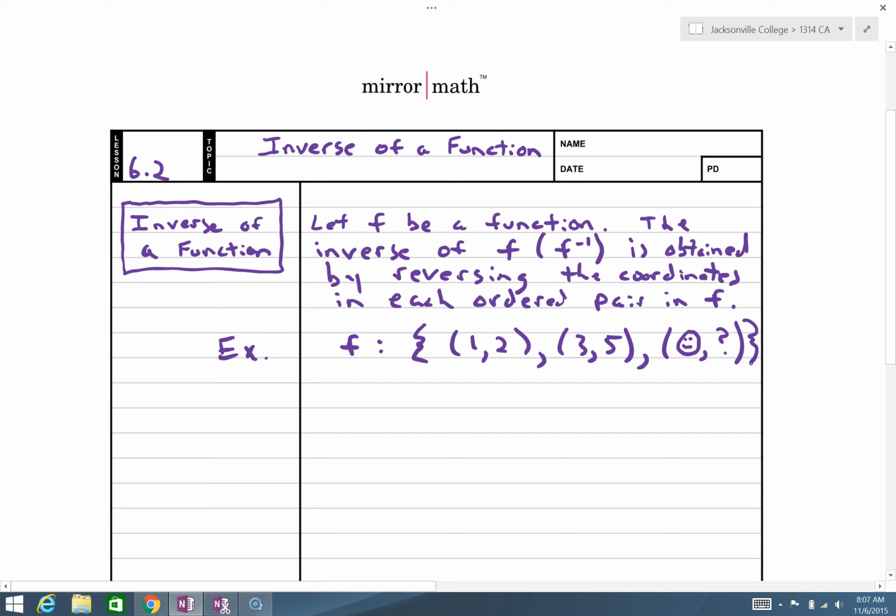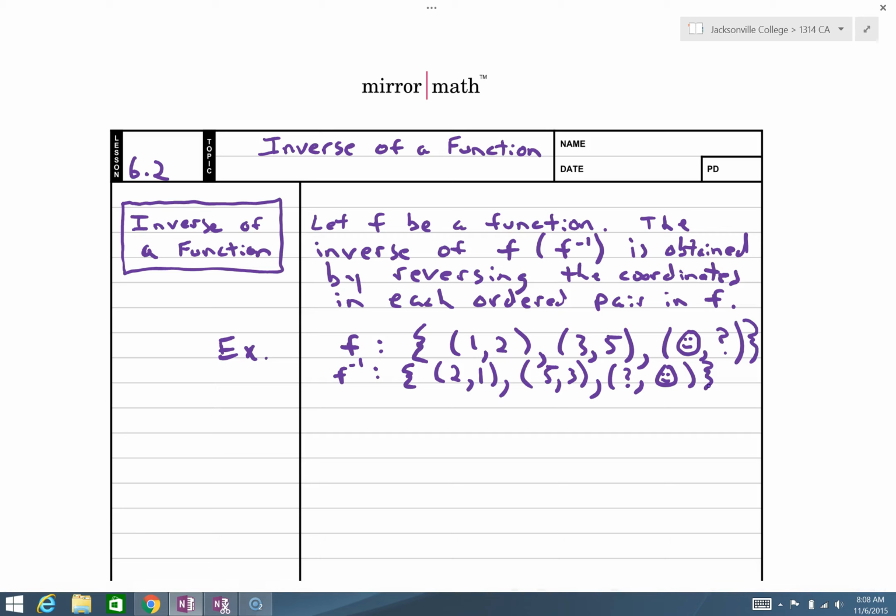If this is f, then f inverse is simply the function 2 pairs with 1, 5 pairs with 3, and question mark pairs with smiley face. You see I simply reversed the x and y elements of each one.